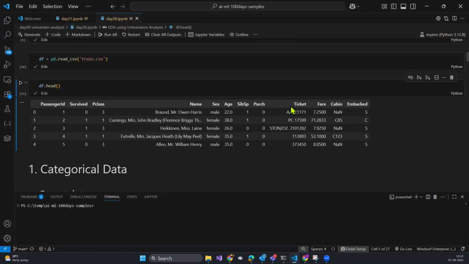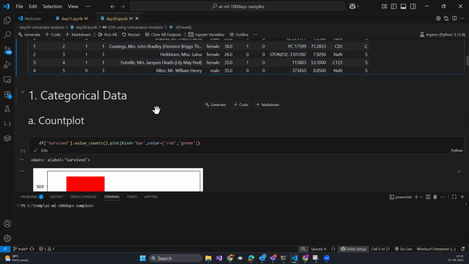This is the ticket number, and this is the fare they paid, and the cabin allotted. I think class 1 people, and class 2, were allotted a cabin. Embarked is which station they boarded from, right?